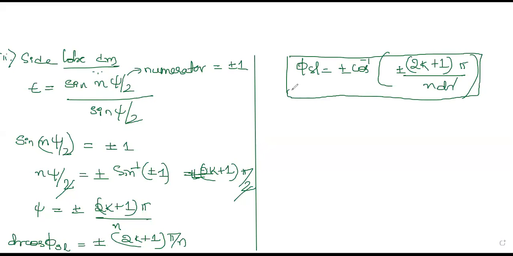So this will be your side lobe general equation, which will be used as a formula to find out the side lobe direction.